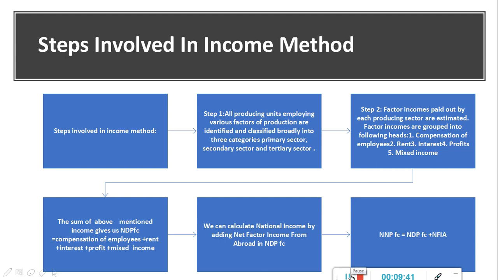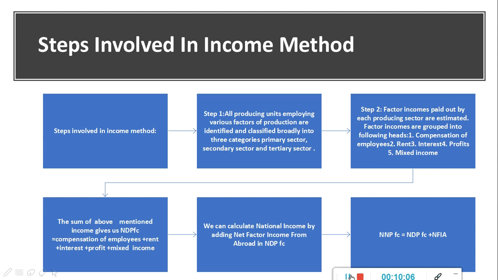Now we will discuss the steps involved in the income method of estimation of national income. First step is we have to identify all the producing units who are employing various factors of production, that is land, labor, capital and entrepreneur. These producing units are identified into three categories.